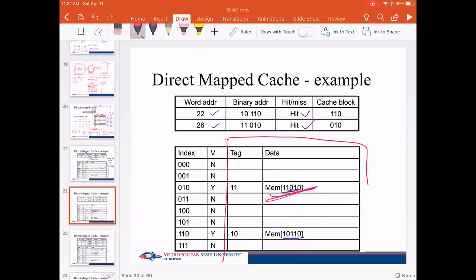This is my cache storage, including the tag, the valid bit, and the data. According to the address of each piece of data, I can determine where it maps to. Suppose it maps to this location. The first time I saw that piece of data, I will have a miss anyway, because I don't have it in my cache, and I will put it in the cache.